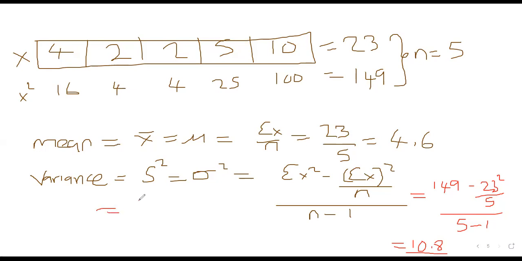So literally you're going to have 149 minus 105.8 over 4. It gives you 10.8. So this is what we call our variance.